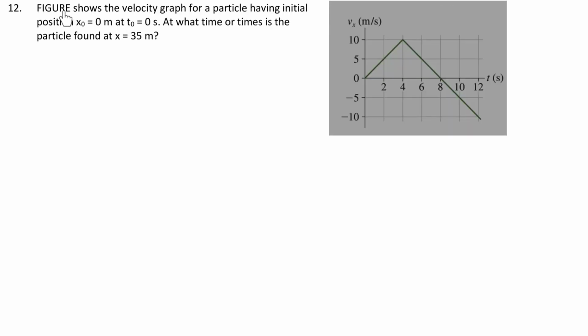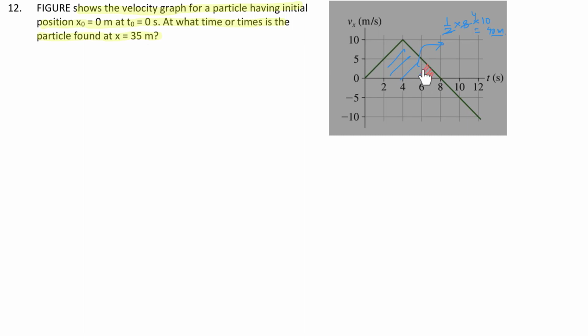Next question. Figure shows velocity graph of a particle having initial position 0 at t equal to 0. At what time or times is particle found at 35 meter? So velocity time graph is given and we have to find position. And mind you, velocity is 0, positive, negative, so you have turning point also. Let us first find out this area. This area is half into 8 into 10, that is 40 meter, and we have to find position 35 meter.